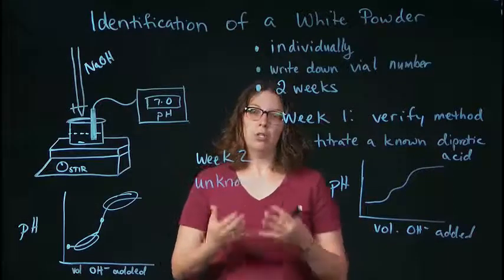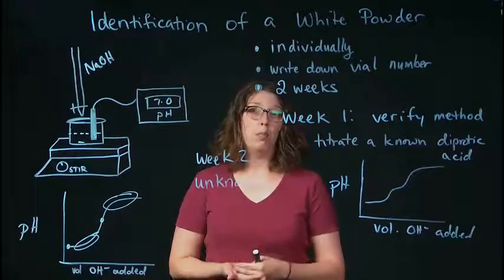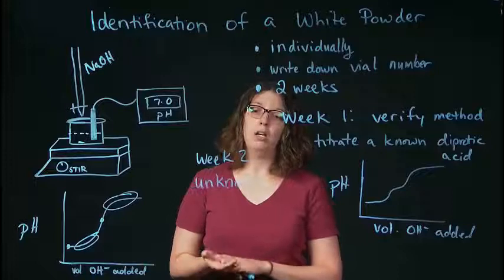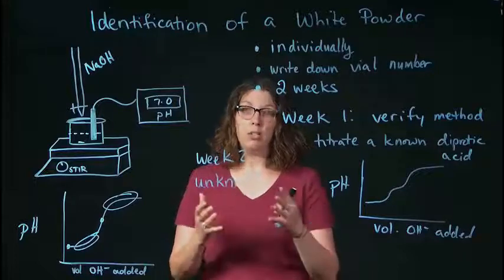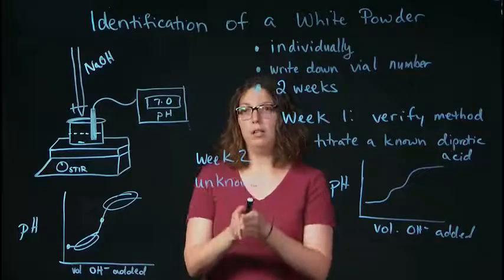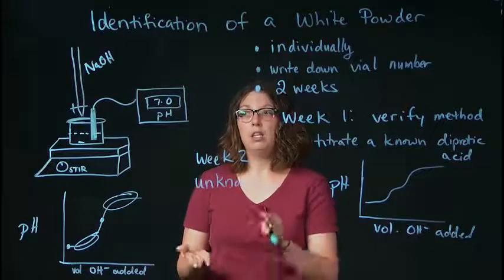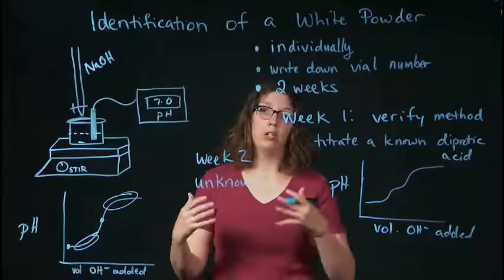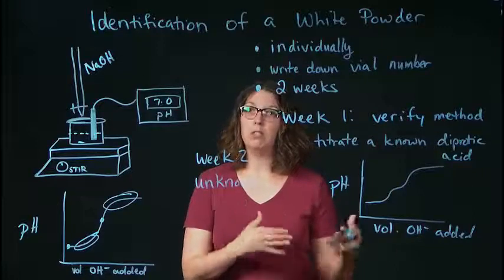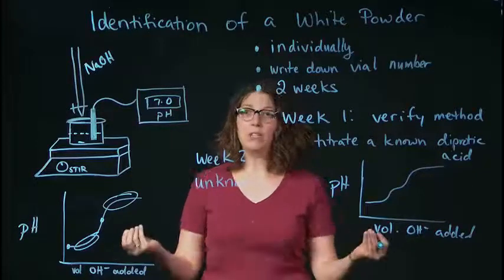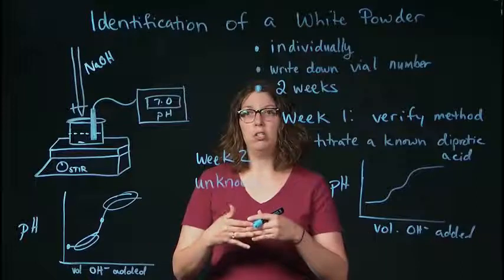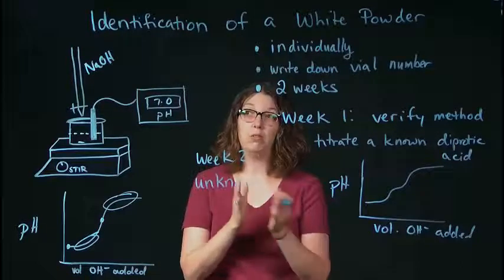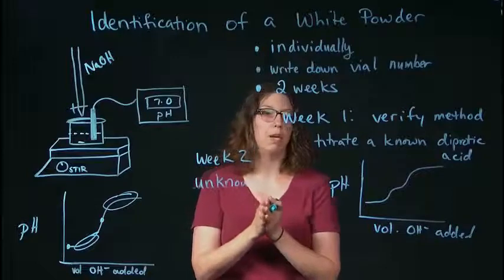Basically, what we're looking for is that you have lots of points around the endpoint for your titration, and that between the 2 titration curves, the equivalence points are approximately the same, and your calculations give you very similar results. If they're drastic results, we need you to do another titration to help you verify which results were the correct ones.